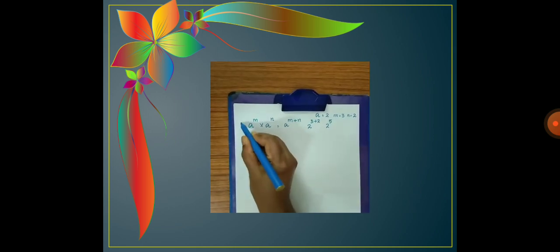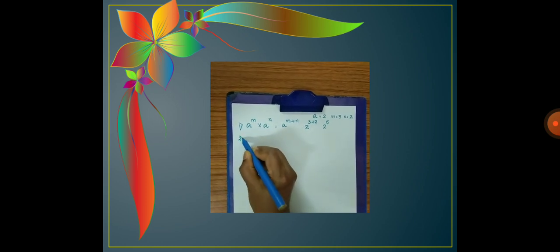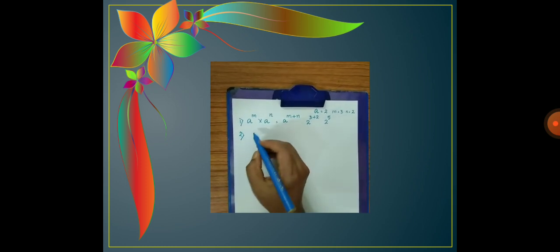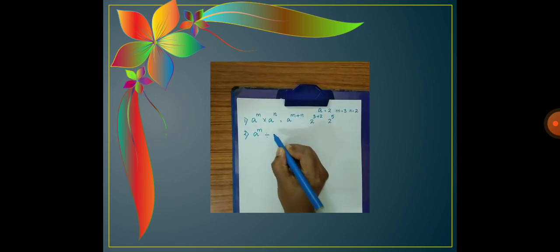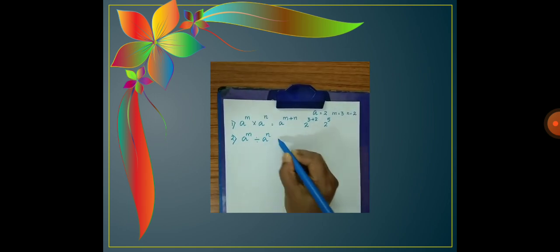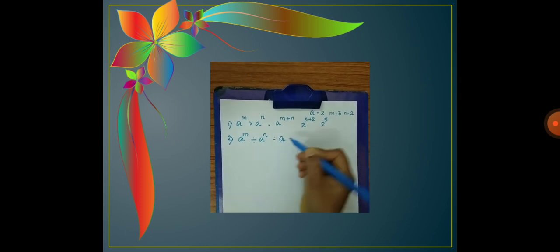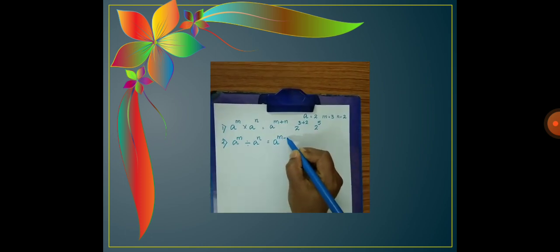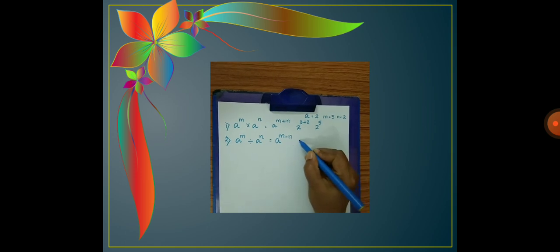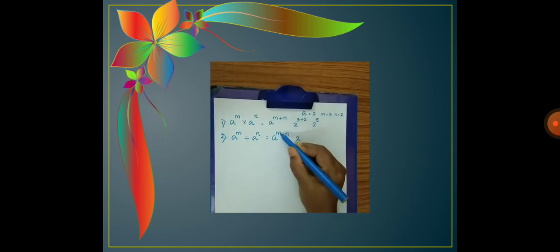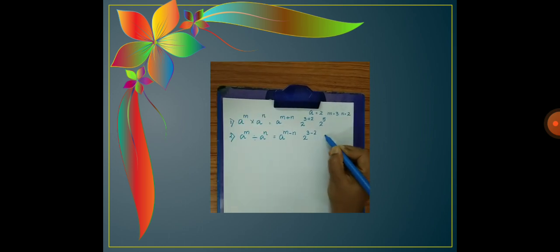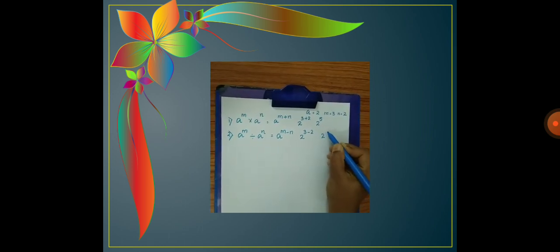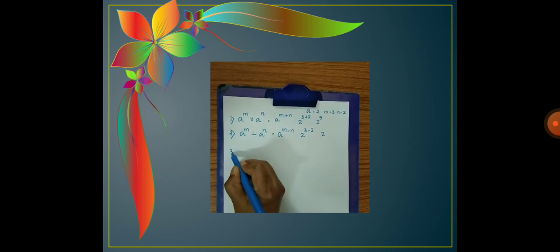Understood? This is the first law with an example. The next law is a raised to the power m divided by a raised to the power n, so a raised to the power m minus n. Here 2, m is 3, 3 minus 2, that is equal to 2 raised to the power 1, no need to write the power 1.